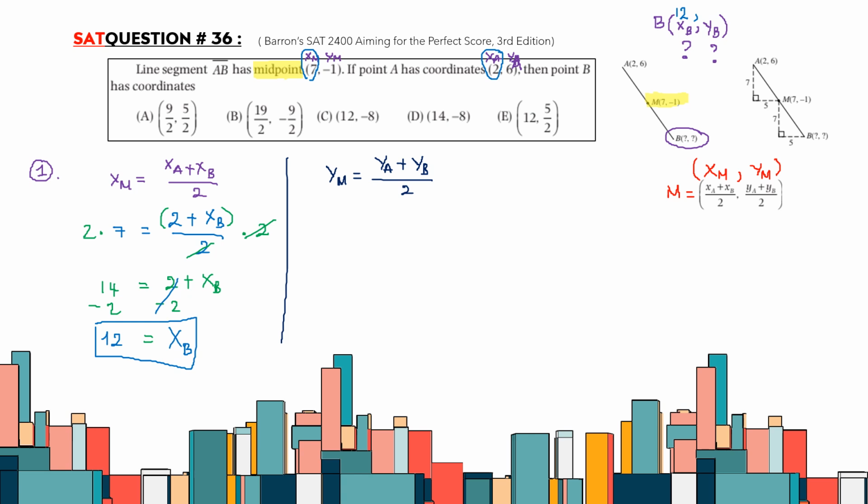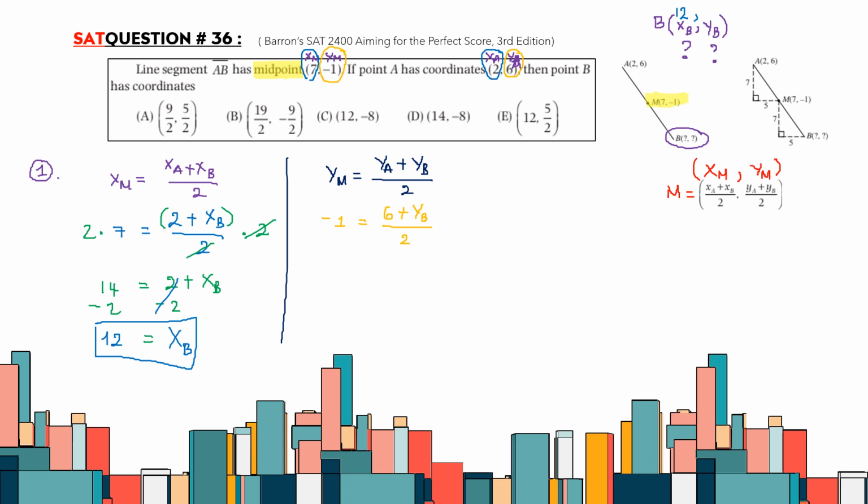So now let's calculate: y sub M is -1, y sub A is 6, add y sub B, over 2.